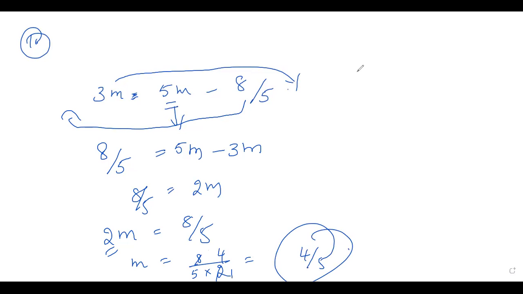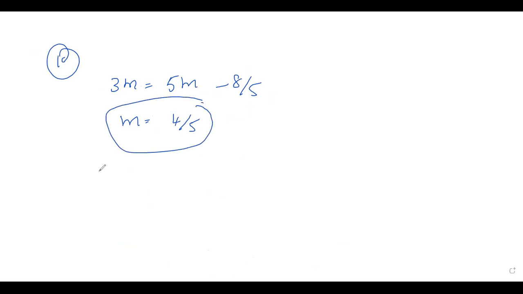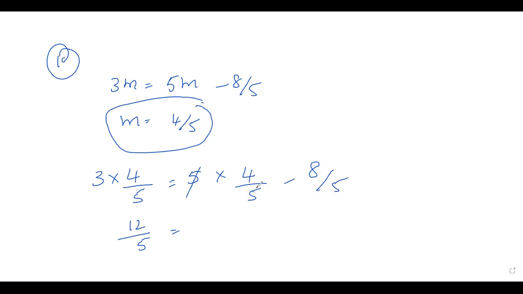Let us verify this. 10th one, 3m is equal to 5m minus 8 by 5. What is the value of m here? We got 4 by 5, right? Now 3 into 4 by 5 is equal to 5 into 4 by 5 minus 8 by 5. 3 fours are 12. Next, 5 gets cancelled, or don't cancel because you have to subtract. 5 fours are 20 by 5.